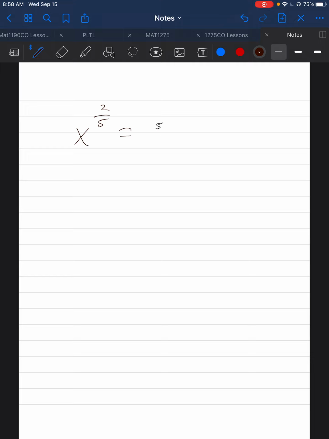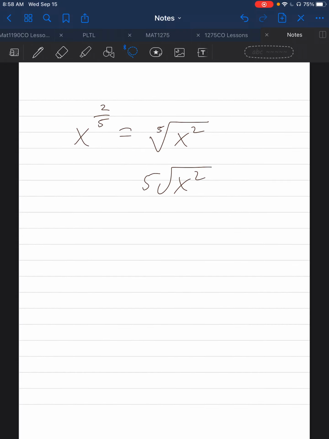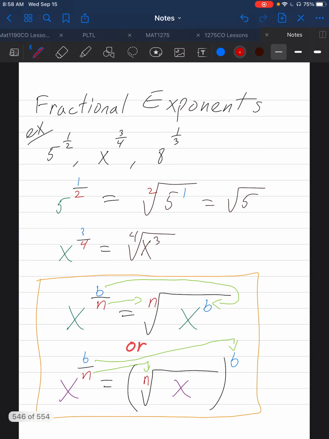I'm going to translate this as the 5th root of x squared, not 5 radical x squared, right? So it's important that we write down this index. If it needs to be written down, you have to write it down, but it also has to be written correctly so it's not confused with a base value in front of a square root, okay? So make sure that you are writing these things clearly.